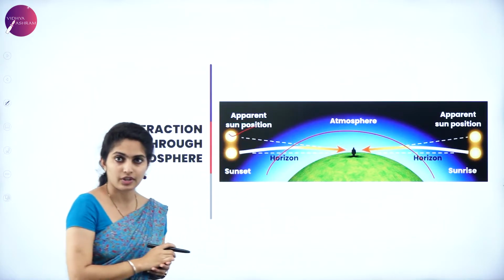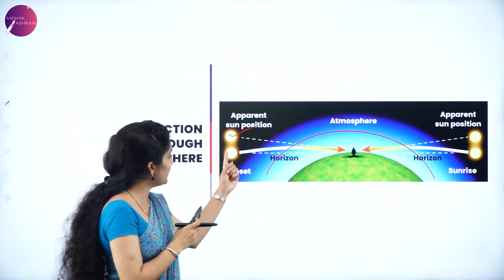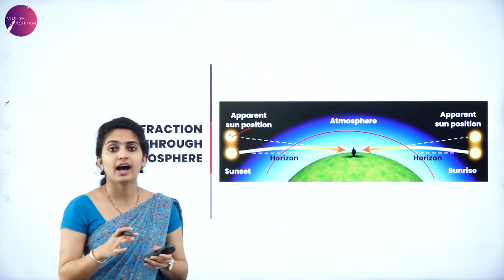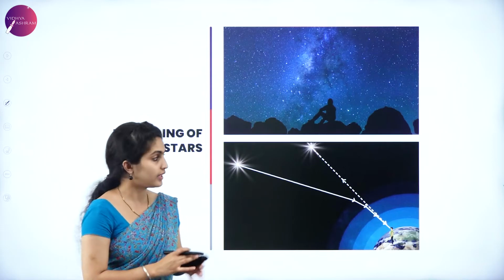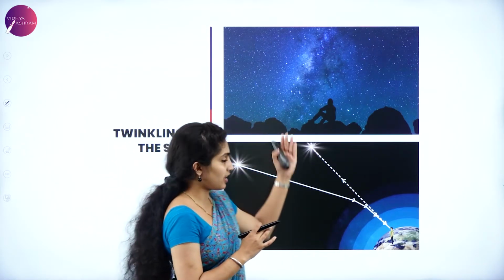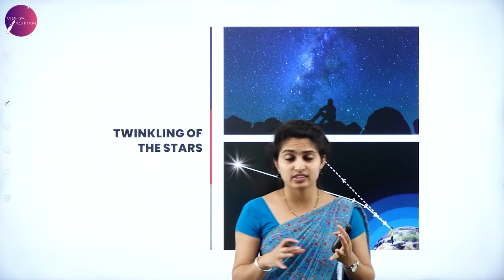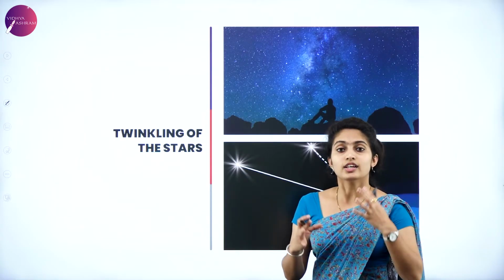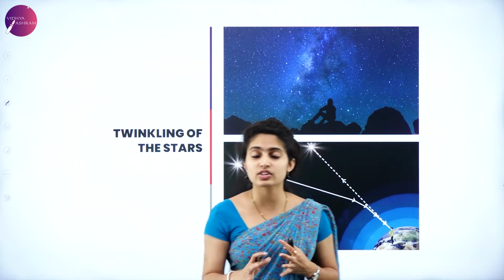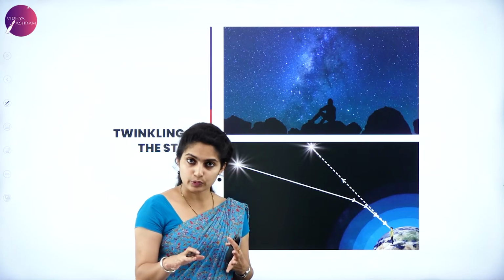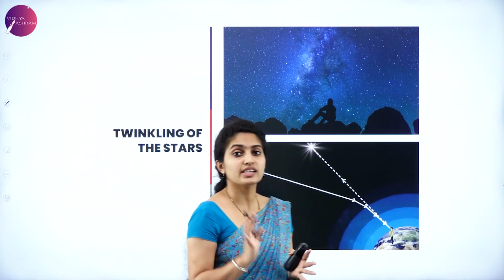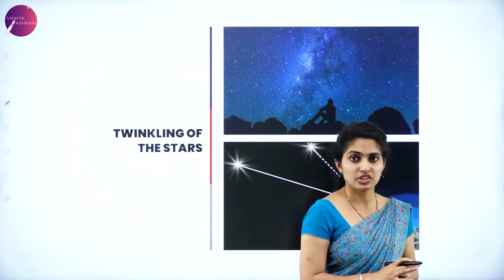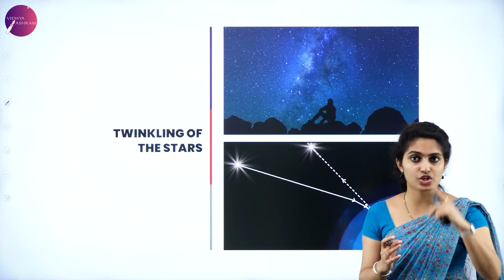But the exact position is very far away from the apparent position. The same thing goes for the stars as well. Here you can see a number of stars which are twinkling, correct? Here also the stars have no exact position. The position whatever you see of the star is nothing but the apparent position and not the exact position.